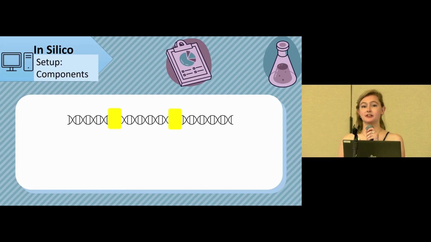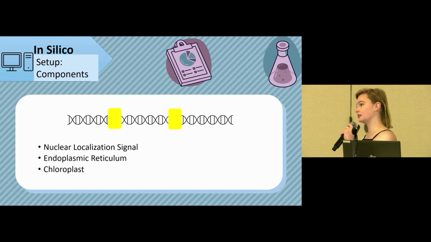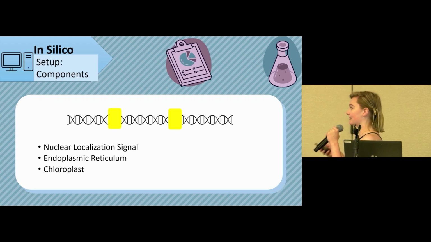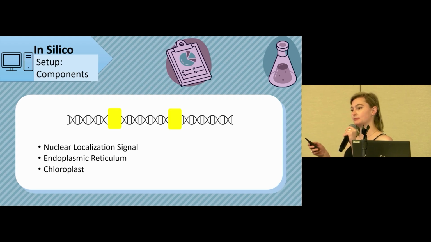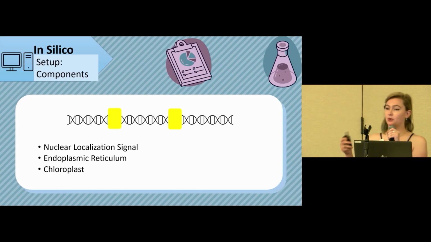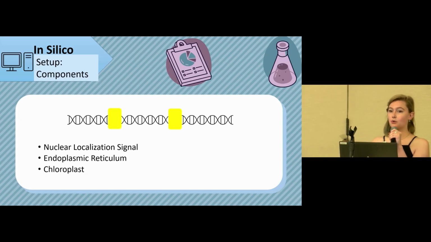You also want to consider your signal peptides. Now, the most common of these is the nuclear localization signal, which is used for genome editing because that's where the nucleus is. But there's also other organelle-specific signal peptides that you can use, such as endoplasmic reticulum and chloroplast signal peptides. It can be upstream or downstream of your coding sequence, or both.